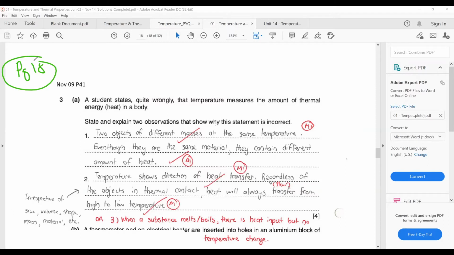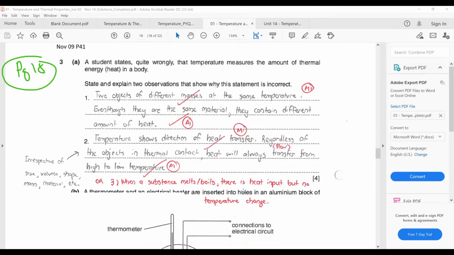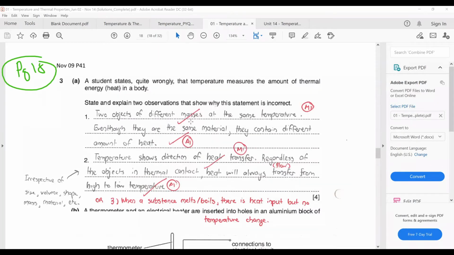As I mentioned just now, temperature tells you how hot or cold an object is, a measure of the kinetic energy of the molecules, but it is not necessarily a measure of the heat energy contained inside a body. That is a common misconception. So what observations that you know can explain that temperature is actually not measuring the amount of thermal energy in a body?